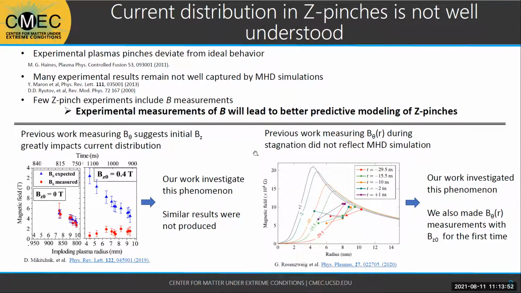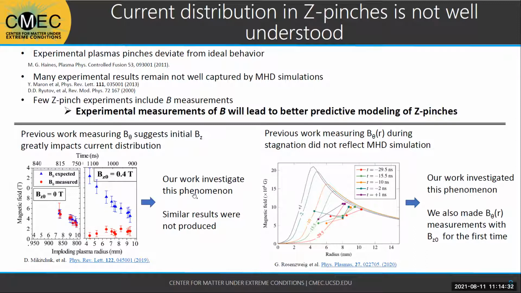And this is just a couple of other examples of what has been studied fairly recently, which the research that we've done comments on. This is a quick snapshot of a study published, I think, in 2016. They varied the axial magnetic field and found that as they increased the initial axial magnetic field, the measured and expected values of the magnetic field deviated heavily with the field and not without.